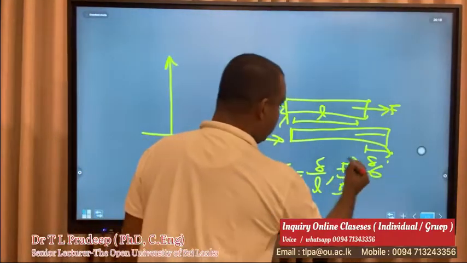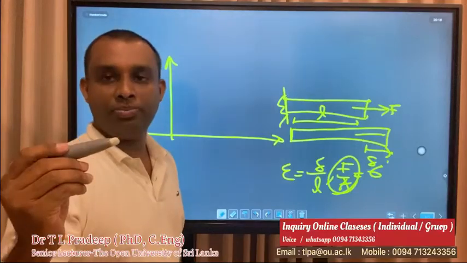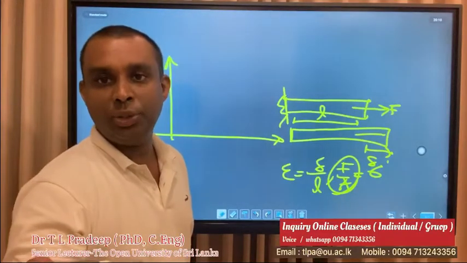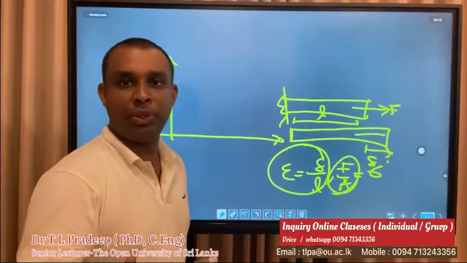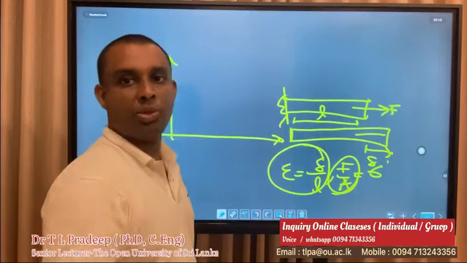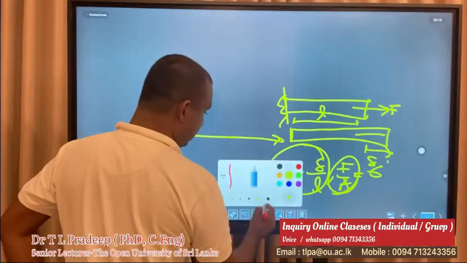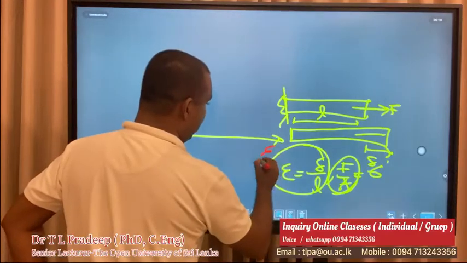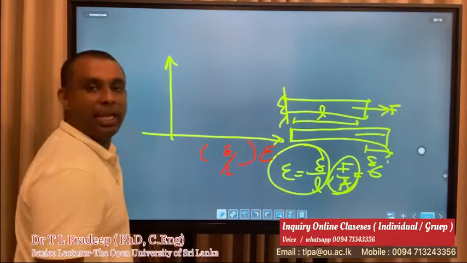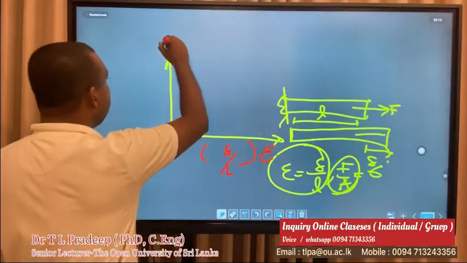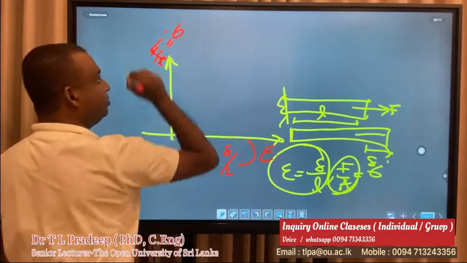So it means the stress is defined as a unit load, the load applied per unit area. The strain is the elongation or the deformation, whatever you know, as a proportion to the original length. So when you talk about these two axes, we call it sigma. In other words, strain is delta over original length. Here F over A, that is called sigma.